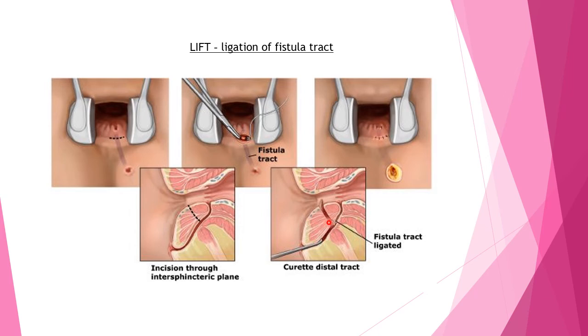Then this fistula tract is ligated at the outer surface of the inner sphincter, okay, here, and then these two communications with the anal canal are blocked, obliterated, and the distal tract is curetted out to cause it to fibrose. Then the wound is closed. So this is how a LIFT is done, ligation of intersphincteric fistula tract.